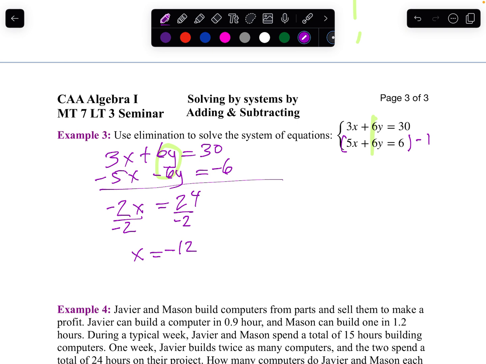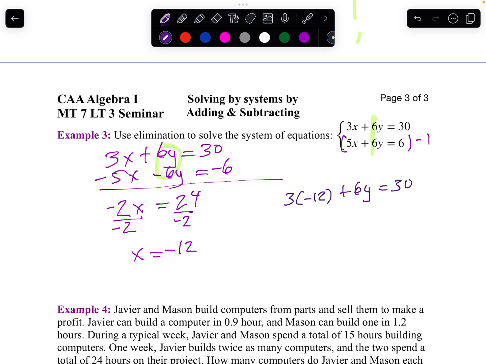Now, we are going to be substituting x into one of our equations. And I like the first one. It doesn't matter which one you use. So I'm going to replace x with -12 plus 6y equals 30.